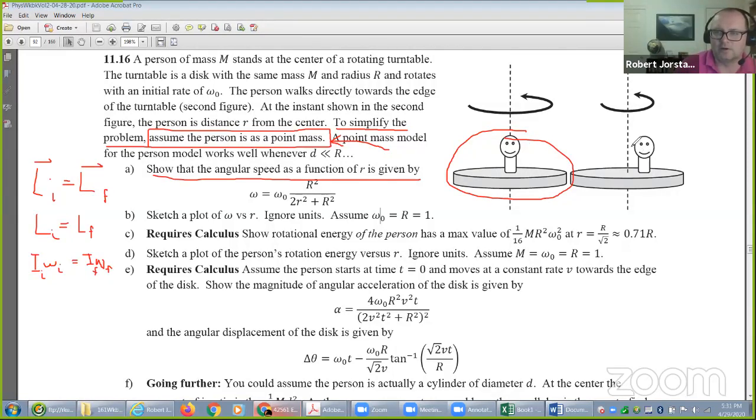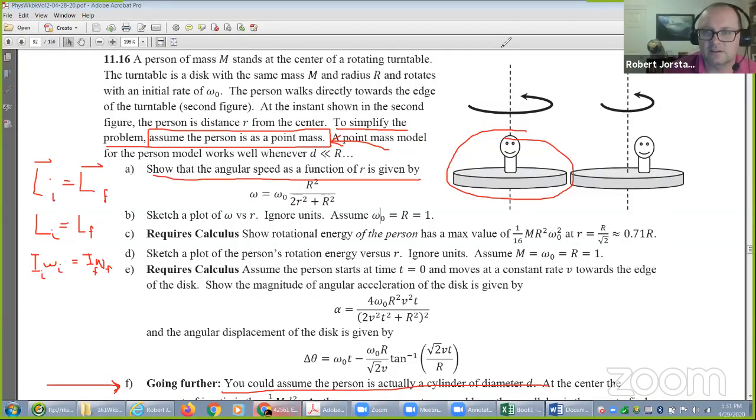As they walk outwards, it turns out within a few steps, they actually do act like a point mass. And if you're curious, here's how you would handle that if it's not true. So if your brain locks up because you can't stand the idea of treating a person as a point mass, you could do part F. I did it too.